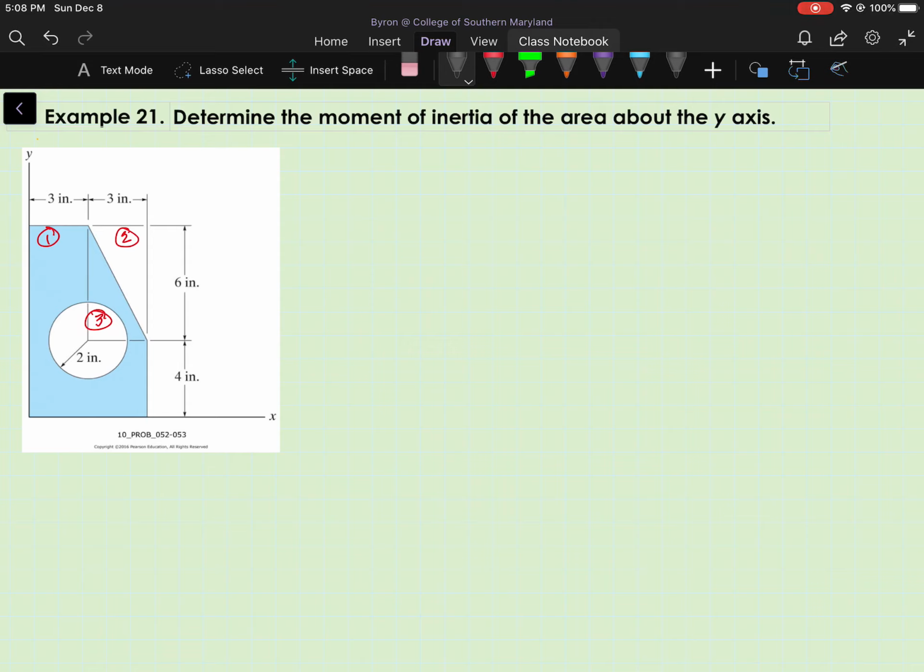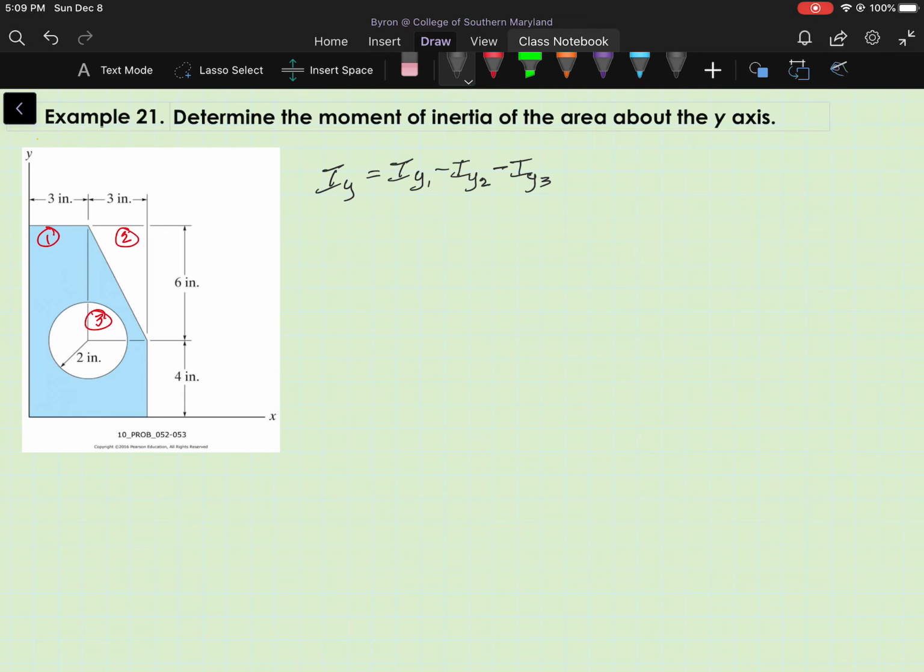So I'm going to say that the moment of inertia of the entire area about the y-axis is going to be the moment of inertia of the first area, which was the rectangle about the y-axis, minus the moment of inertia of the triangle about the y-axis, and minus the moment of inertia of the circular area about the y-axis.